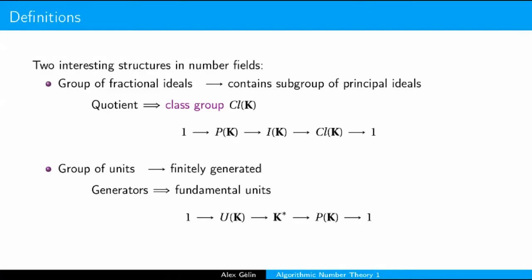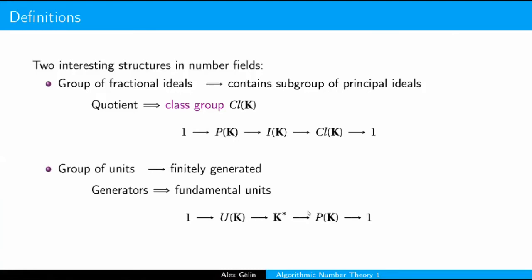And you have a second exact sequence: the units, the non-zero elements of the field, and the principal ideals. And if you really like exact sequences, you see that both sequences have the subgroup of principal ideals appearing in them.